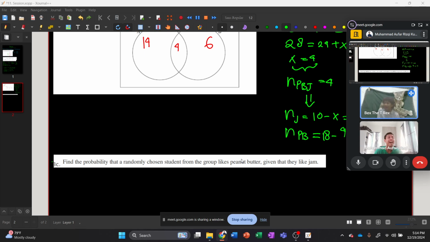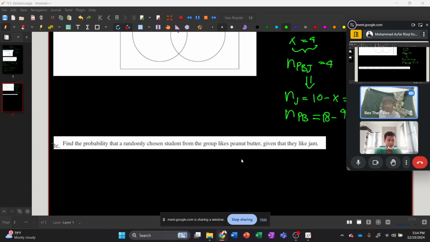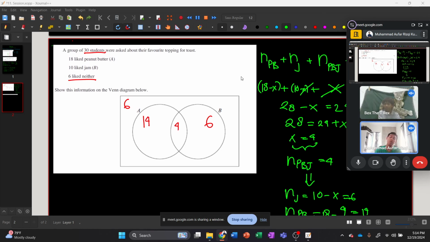Oh, yeah, 30. 100% is 30. Well, the 30 is mixed up between people who like peanut butter, who like jam, and also like neither, right? So that means 34. No, not 34.